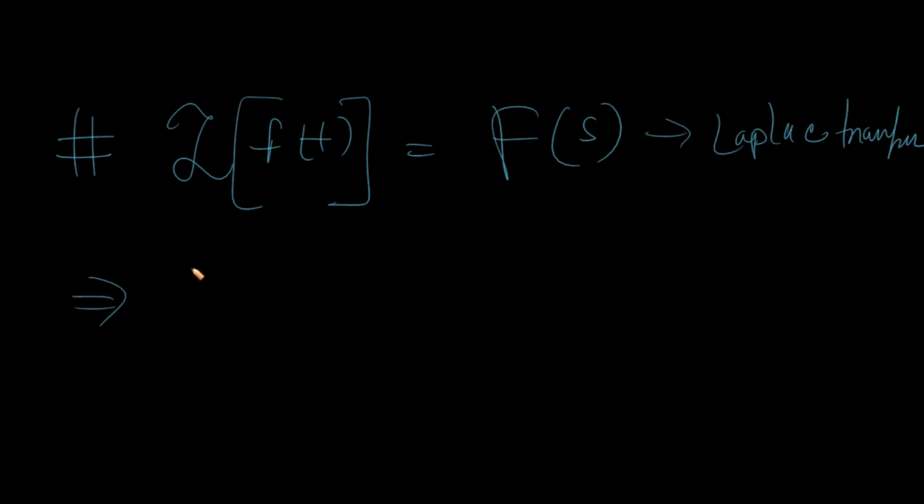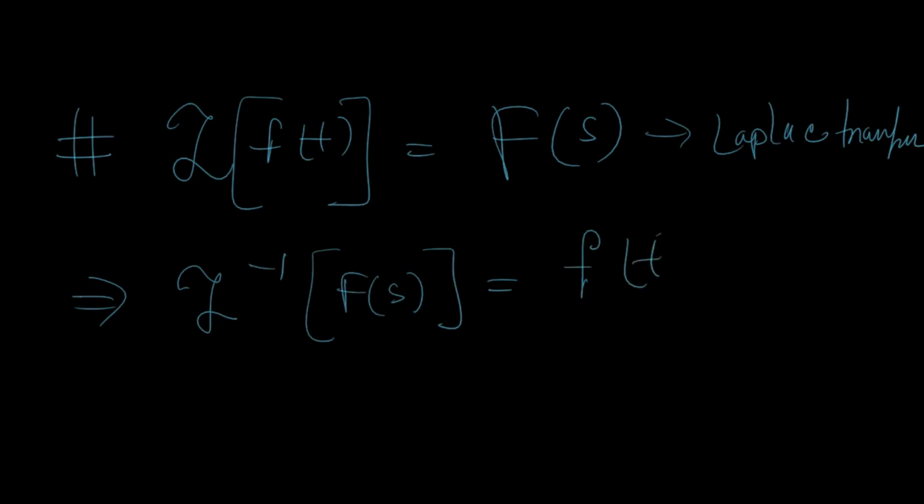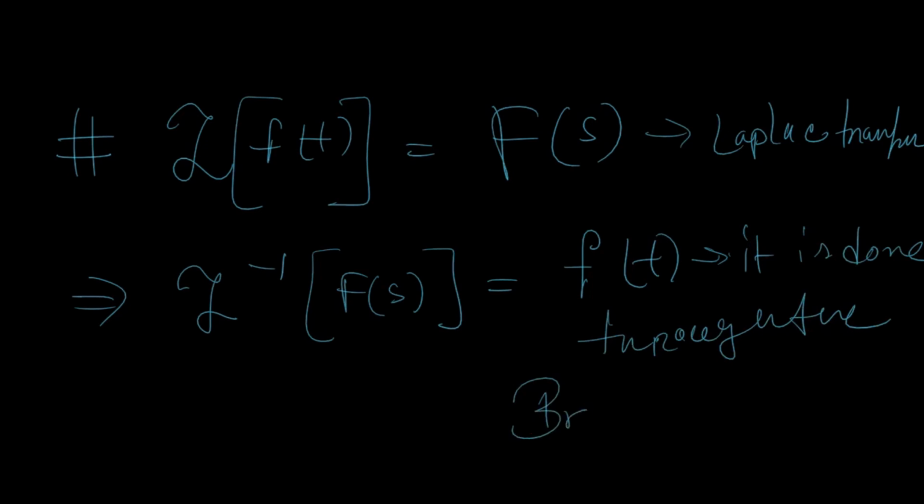And the inverse Laplace transformation works through the Bromwich integral that gives you L inverse of F of s. It just spits out this f of t. It is done through the Bromwich integral.